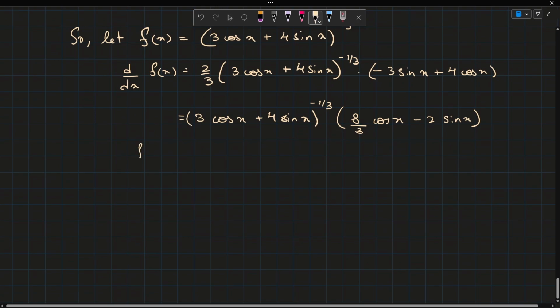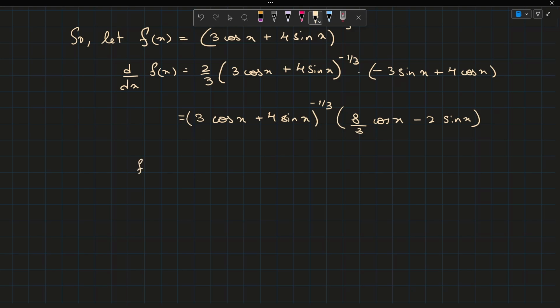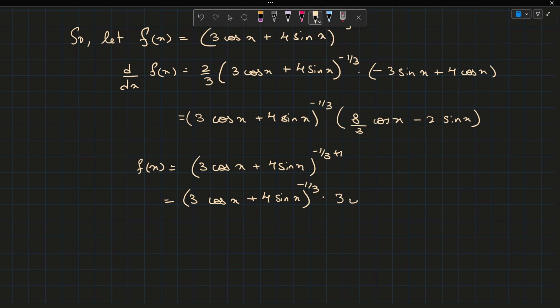At the same time you can write f of x as (3 cos x plus 4 sin x) to the power minus 1 over 3 plus 1, which is (3 cos of x plus 4 sin of x) to the power minus 1 over 3 times (3 cos of x plus 4 sin of x) to the power 1, which we don't actually need to write.